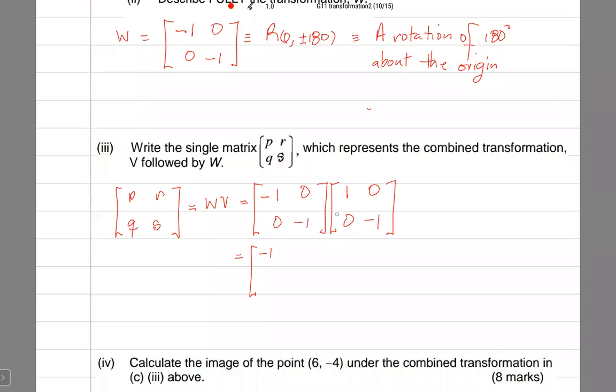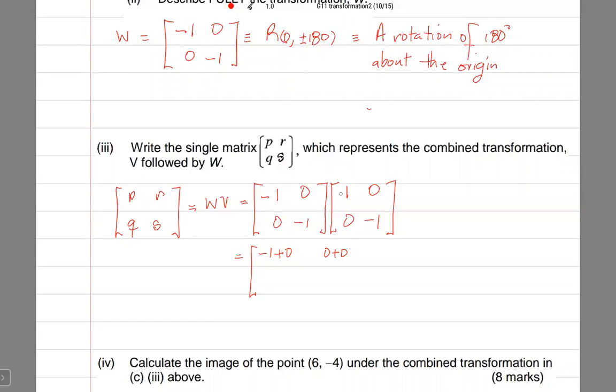And then 0 times 0 is 0. First element in the row, first element in the column, and second element in the row by the second element in the column. Then I'm going to multiply the same top row by the right column. That is going to give me the top right element in the answer. Minus 1 times 0 is 0. And 0 times minus 1 is also 0.